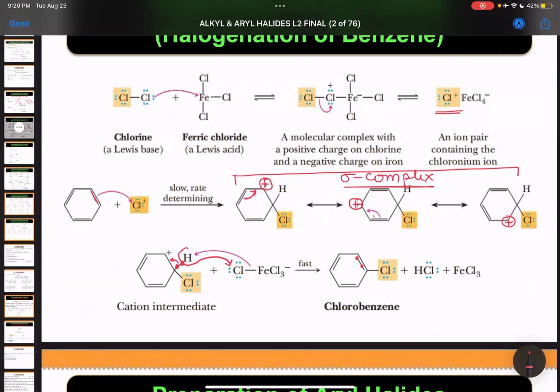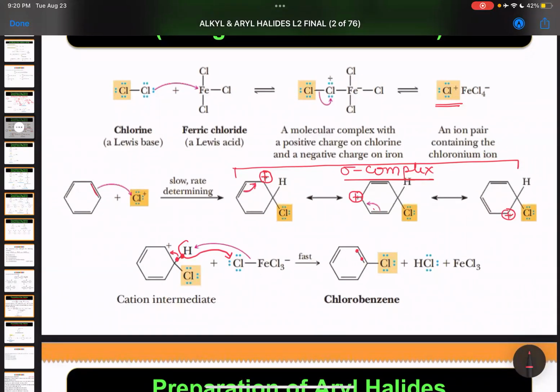But we need to get back our benzene ring. So Cl plus attacked benzene and took away the electron density, and from the same place the H plus was abstracted by Cl minus. So those electrons re-entered into the benzene ring, and that's how the complete reaction will happen.